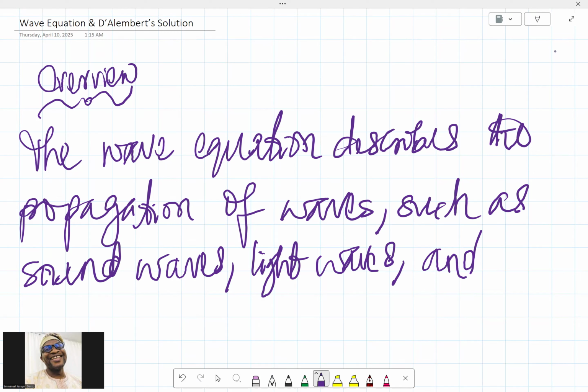When we solve using D'Alembert's solution, we want to see what exactly f and g look like. So let's look at the step-by-step solution.